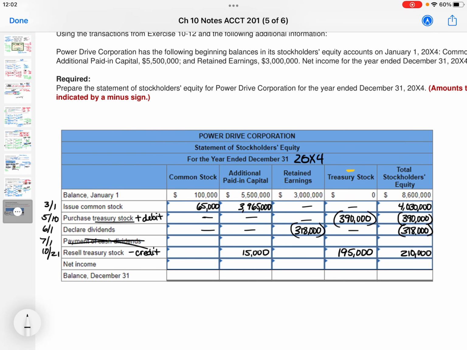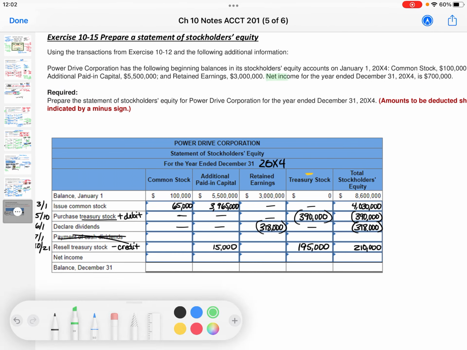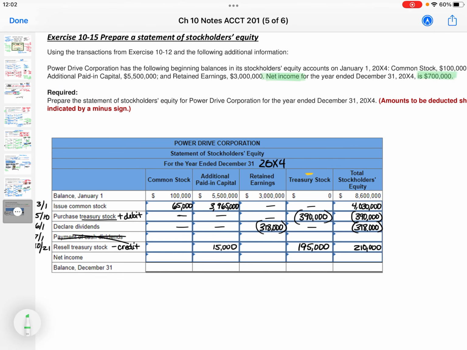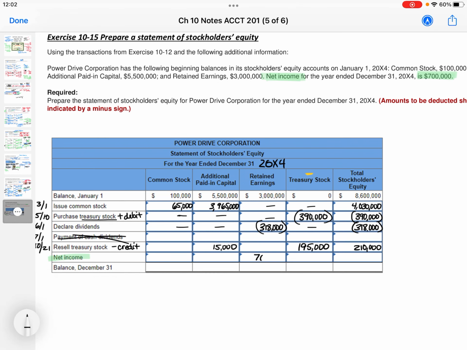Okay, net income. They did give it to us here. Net income for this problem is $700,000. So remember, net income, that gets added into the retained earnings column. So 700,000 there.